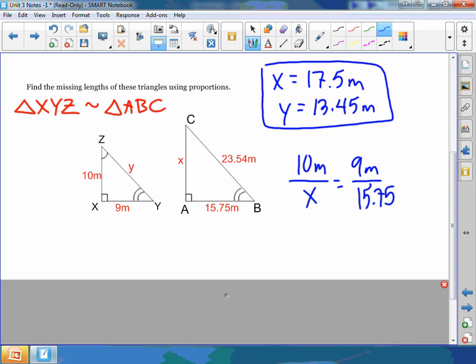Very good. She set up a proportion, which I would always recommend because we're good at these. She recognized that 10 corresponds with x, so she wrote one ratio of 10 to x. The other pair of corresponding sides would be 9 to 15.75.